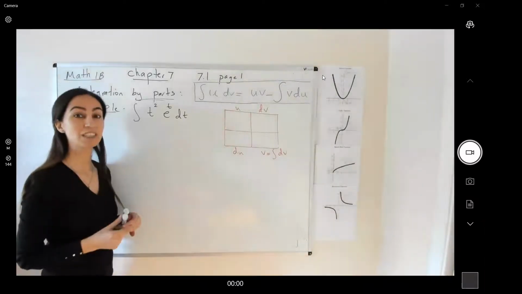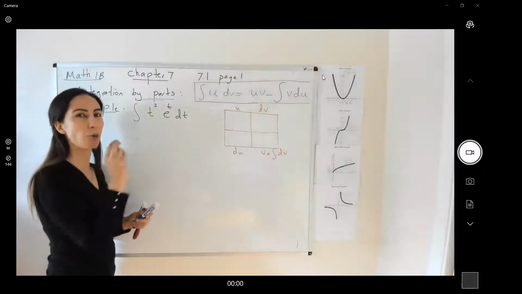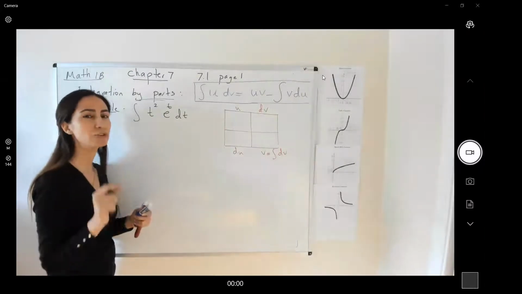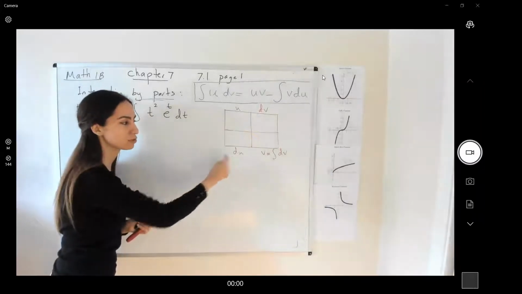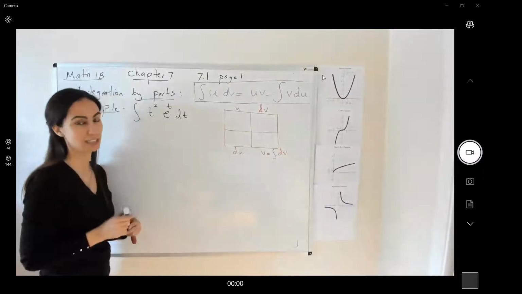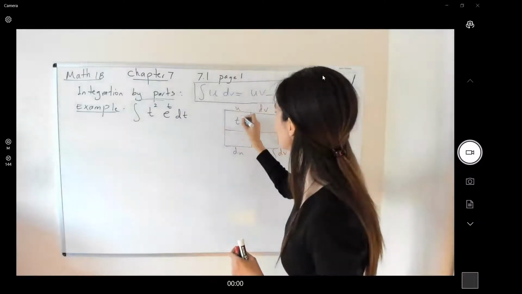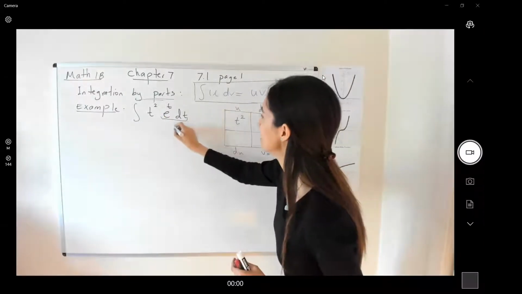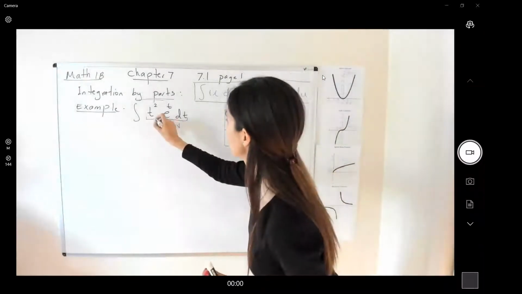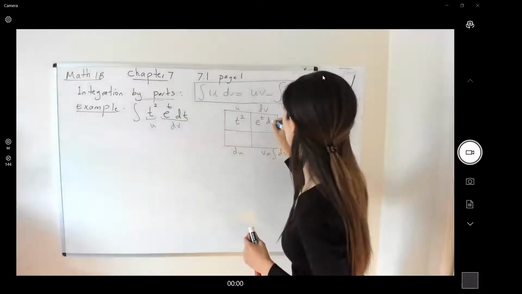So remember, when you have a term with an exponent, try to take that term as your u, because taking the derivative reduces the exponent. So let u be t squared and dv be e to the t dt.